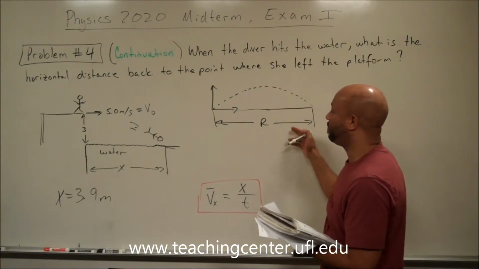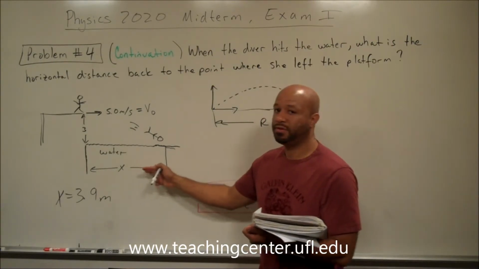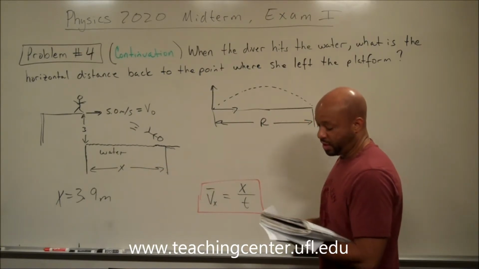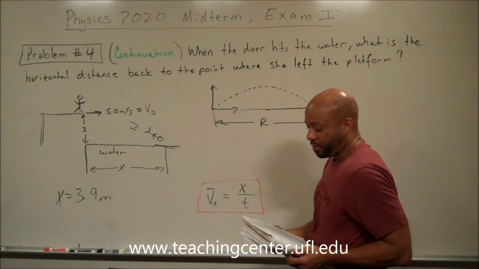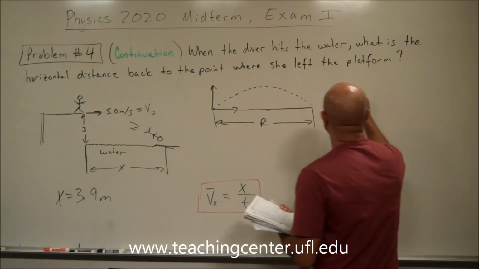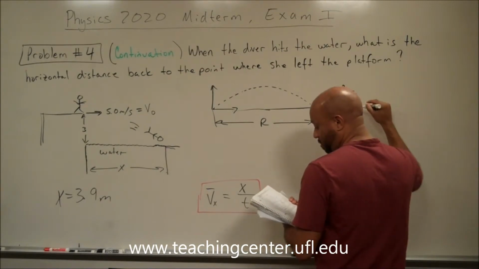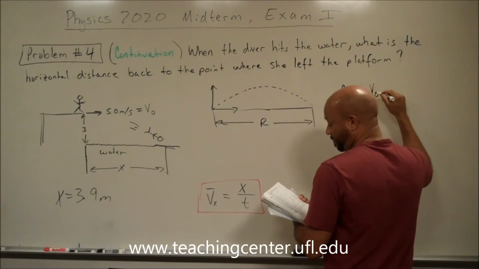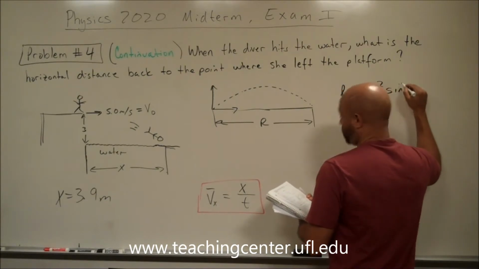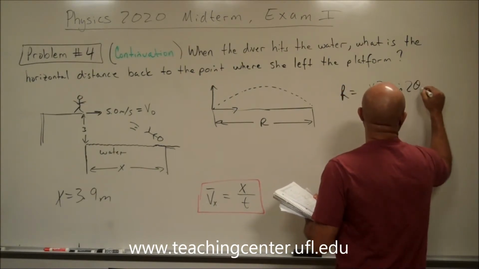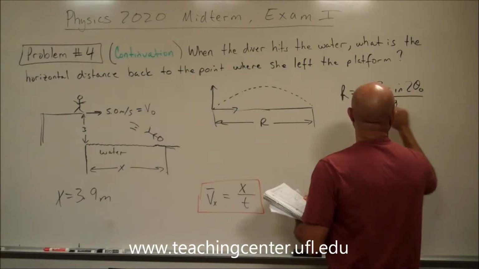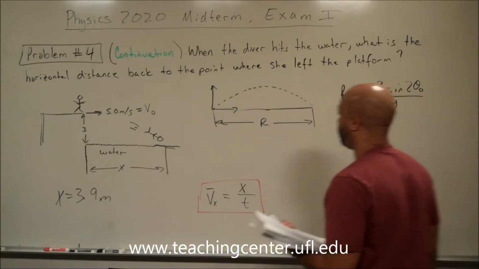And so some of you may have been tempted to identify this particular problem with the range. With the formula that's given on the formula sheet, you have range is equal to your initial velocity squared times the sine of 2 theta, your initial angle, divided by g.